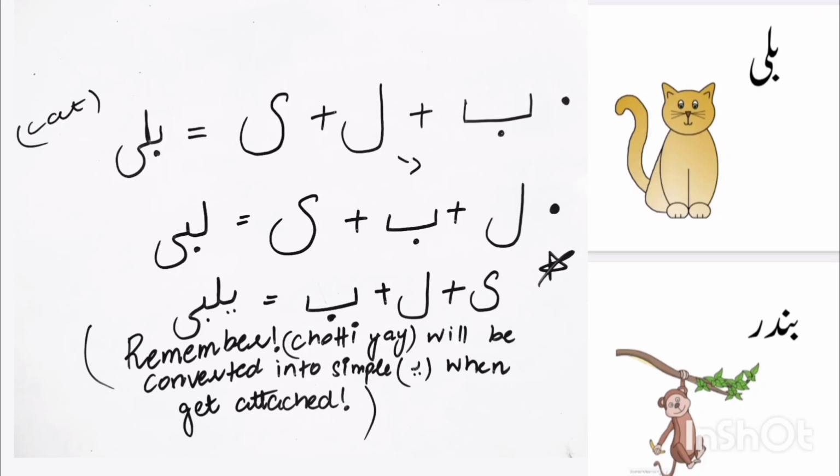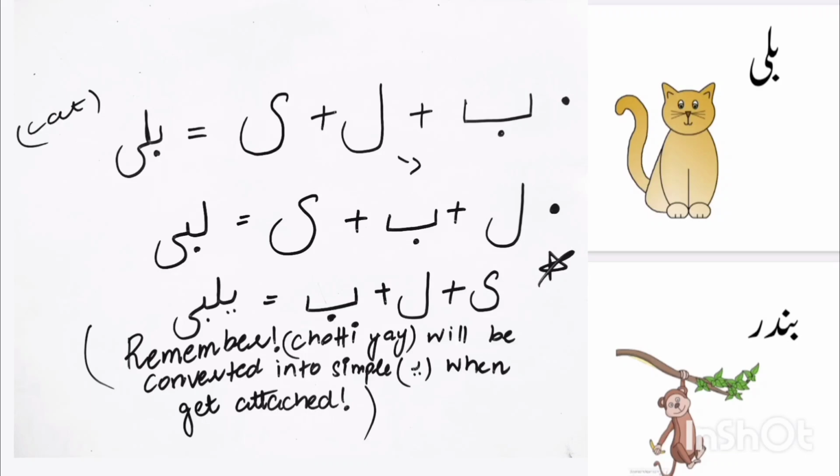It will be converted when it comes at the start, and whenever it gets attached, it will give the sound of ye. It's yalbi, and yalbi is not a word. I'm just telling you because of the example.